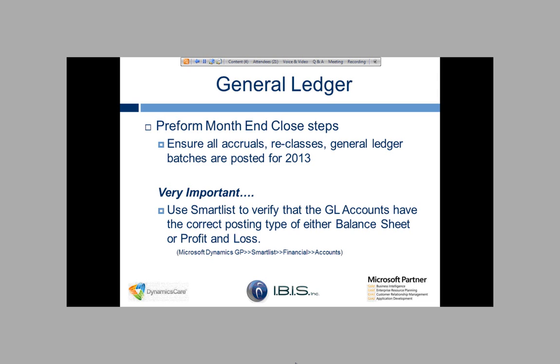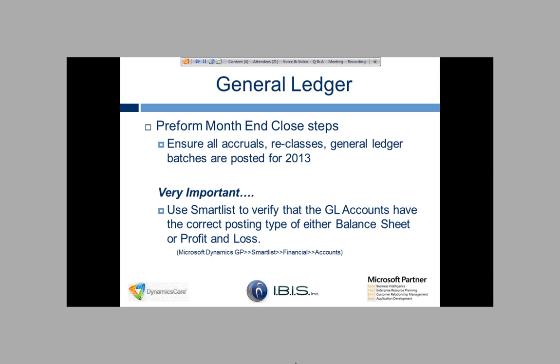I just run the SmartList and dump it all into Excel, and then I go through and put the GL accounts in order, and I look through, okay, these are all the assets, this is all the liabilities, this is all the equity, this is everything that should be P&L. And I make sure that they either have balance sheet or profit and loss.